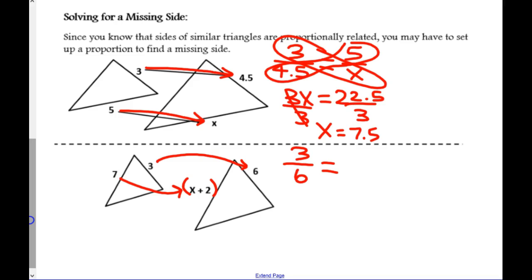Seven is over what? I know. So we're going to cross multiply and divide. So first one is 6 times 7, which is 42.